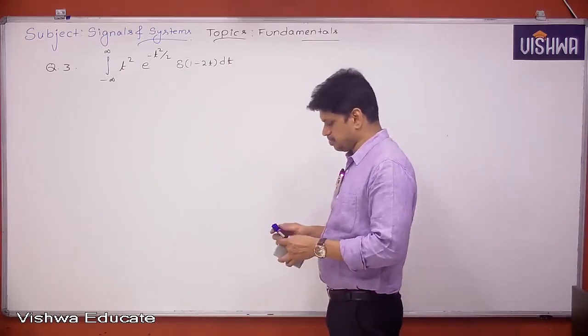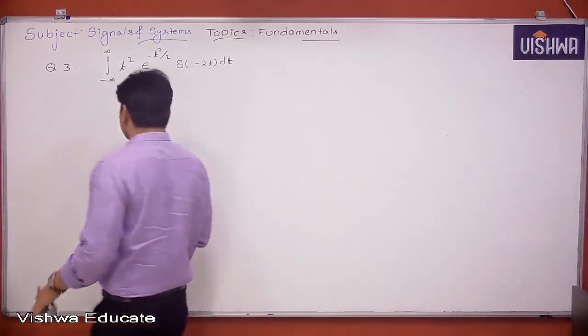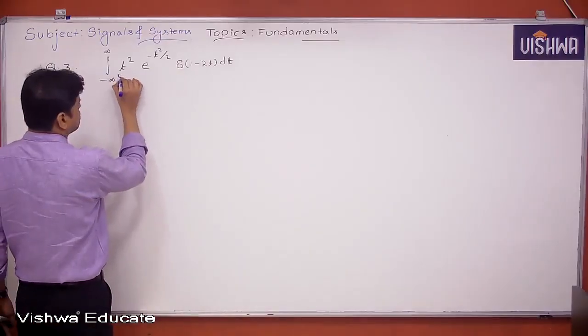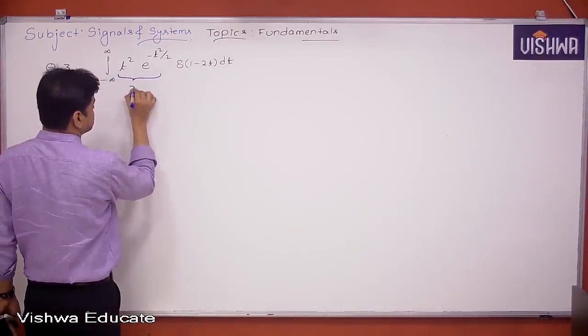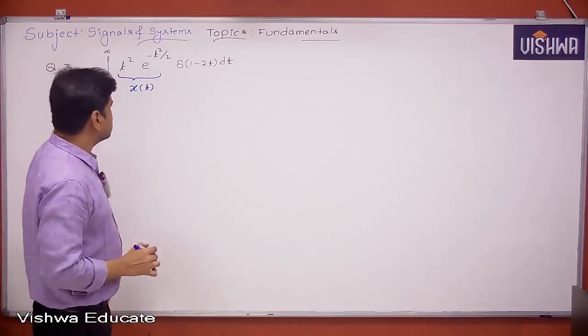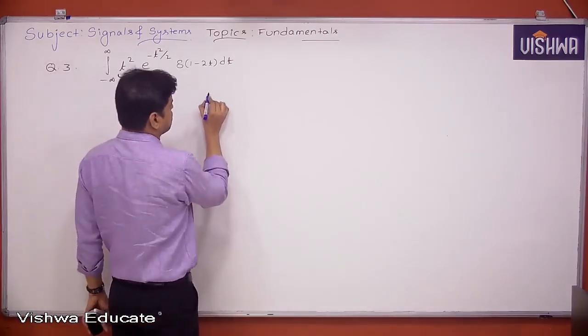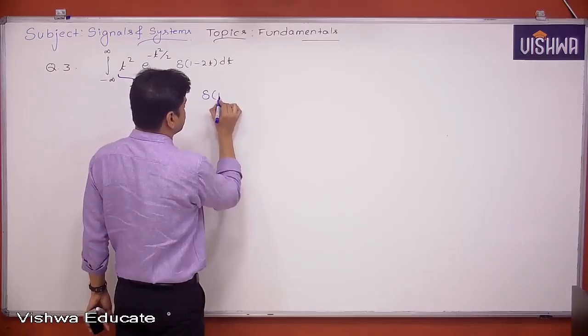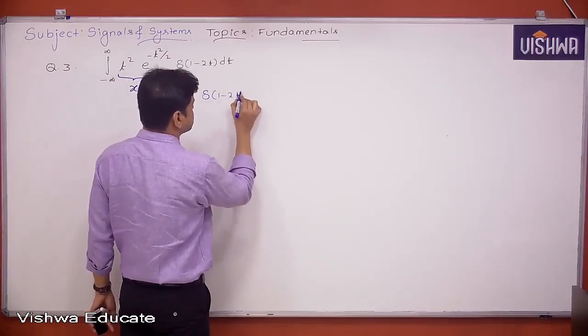Let's say first, take this function as x of t. Then what is this function? Delta of 1 minus 2t.